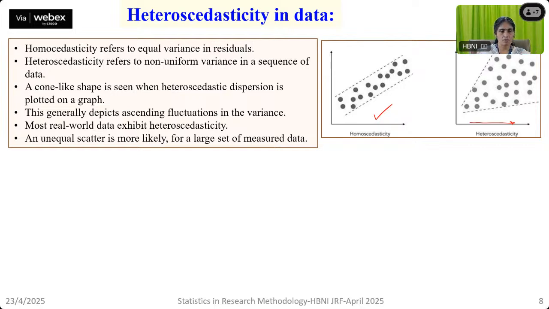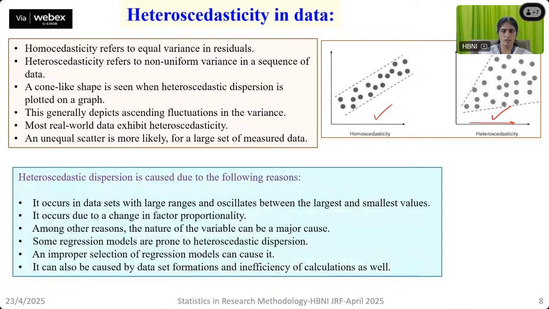That is called heteroscedasticity. A cone-like shape is formed. That means the dispersion increases if you increase the value of the input parameter. This is the real ascending fluctuation in variance during natural variable measurements. Most real world data goes along with this form, variation as a function of input parameter, and unequal scattering is more likely in natural variable measurements.